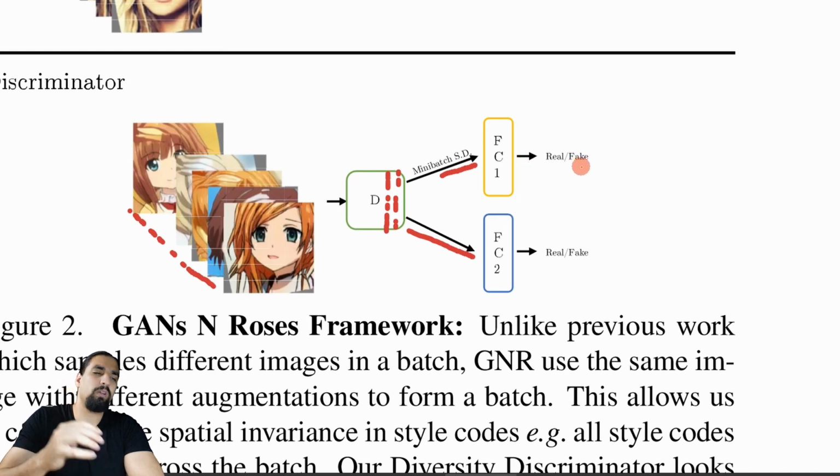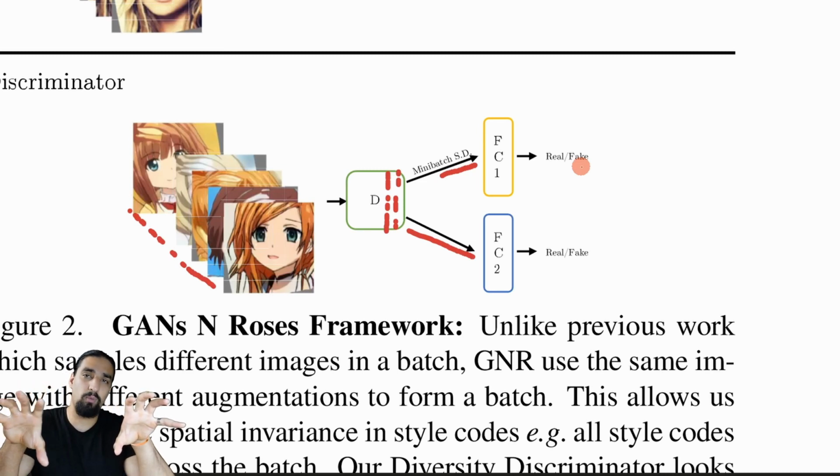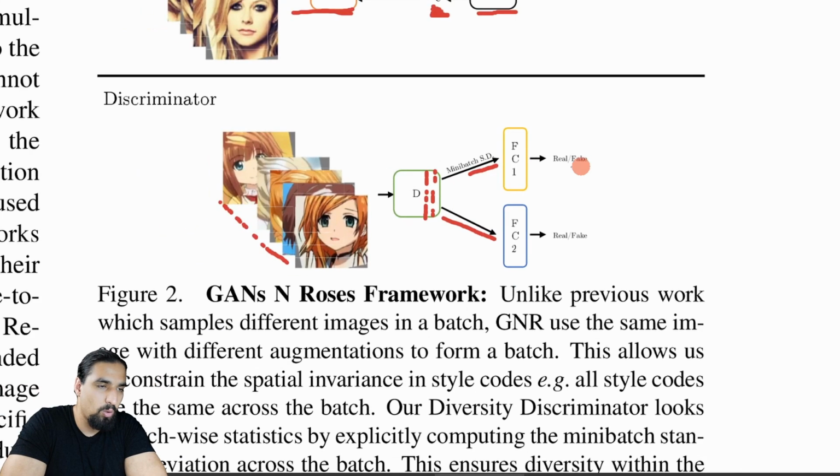What that means is that the generator will need to learn how to mimic those standard deviations across the whole batch, and by trying to mimic the same statistic from the real images, it will learn how to create a diverse set of images. So that's the whole point of this thing.